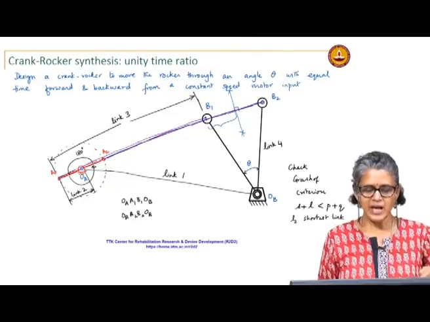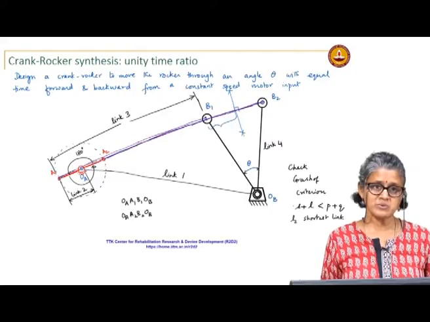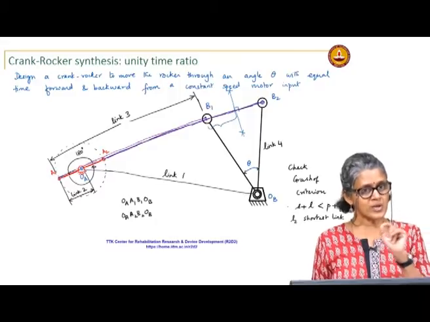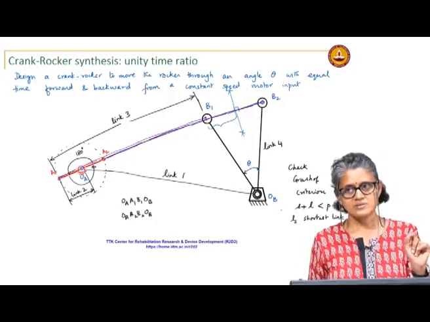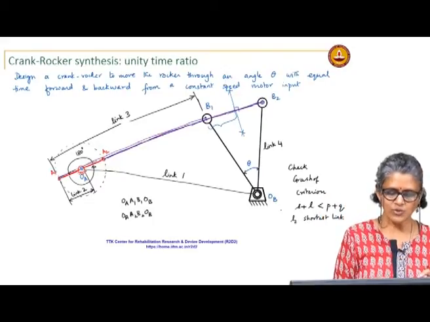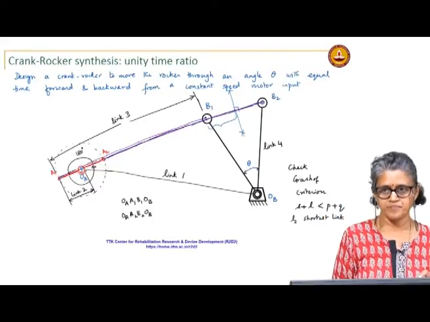Then OA had to be located on the line joining B1 B2. So, that was not a free choice. I had an infinity of choices on that line, so I located it at some point OA.